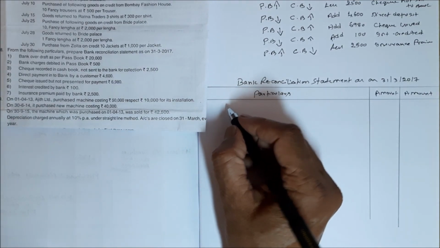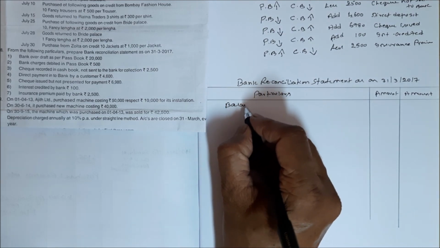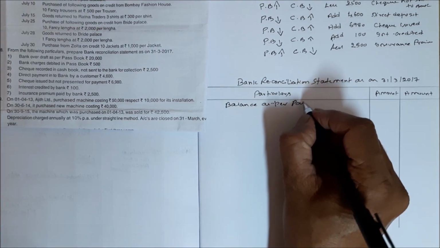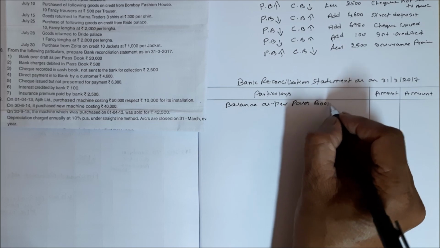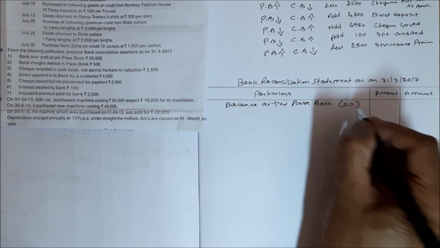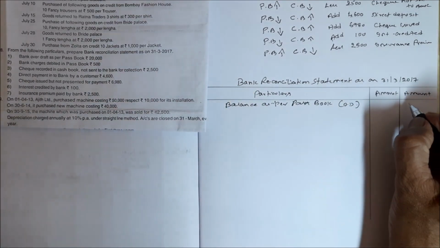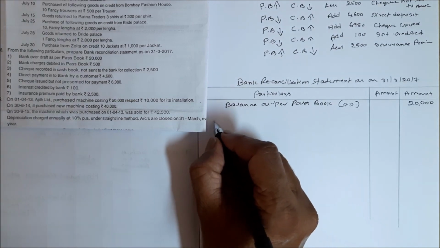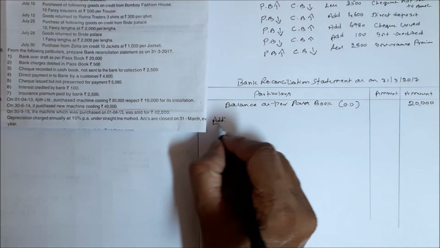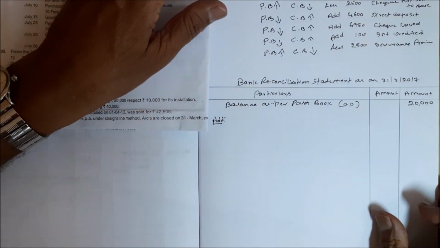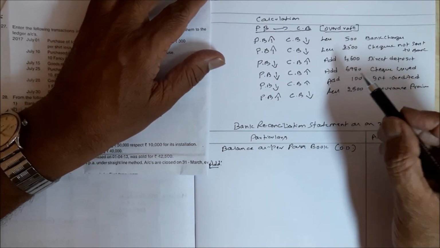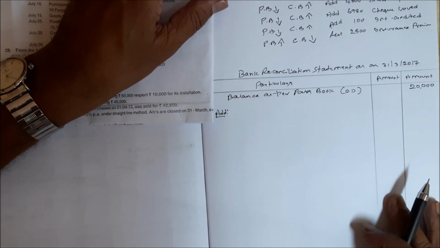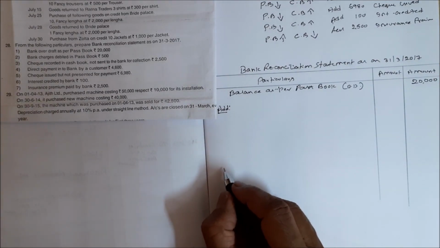Balance as per passbook, that is overdraft, is 20,000. So you do one thing. Here how many adds are there? 1, 2, 3. You can say that 1, 2, 3 adds are there, and 1, 2, 3 less are there. So let us leave some space like that. Add, then less.